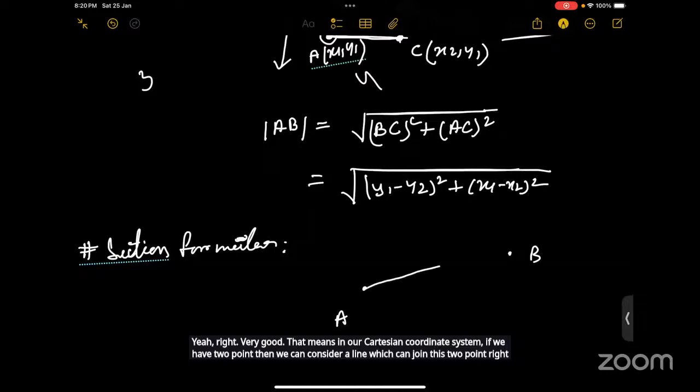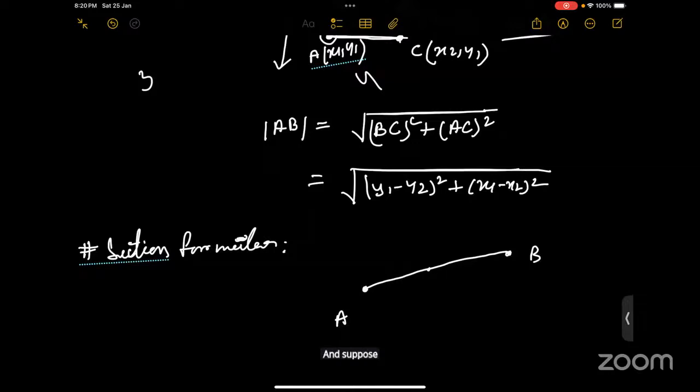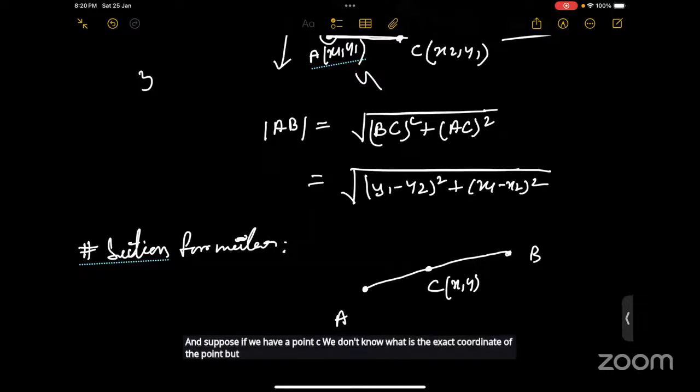So we have the line AB, and suppose we have a point C, and we don't know the exact coordinate of the point, but one data we are given, which is that the point C splits the line AB in the ratio m:n, right?